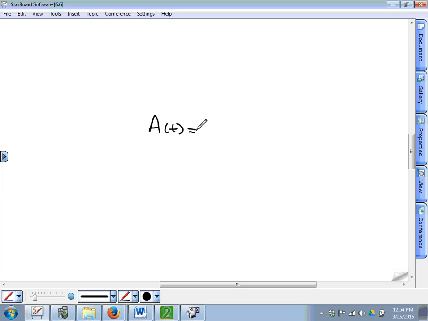Come on, it's in there. 24. What's our base going to be? And then it's T divided by however long it takes to get cut in half. Well, the denominator here is the half-life cycle. So what is the half-life?